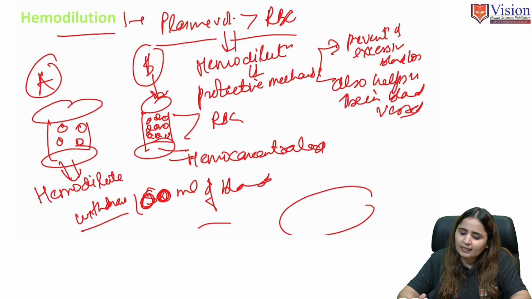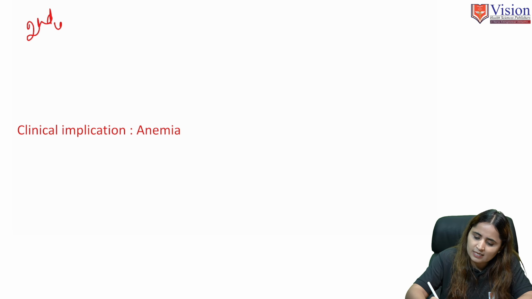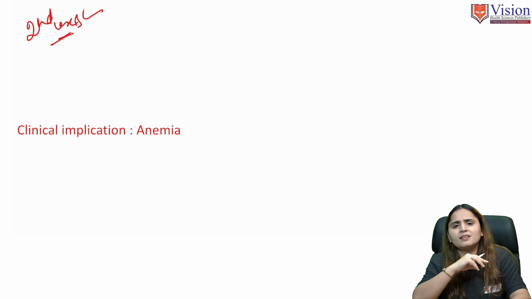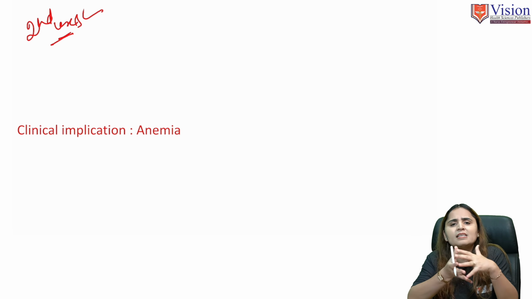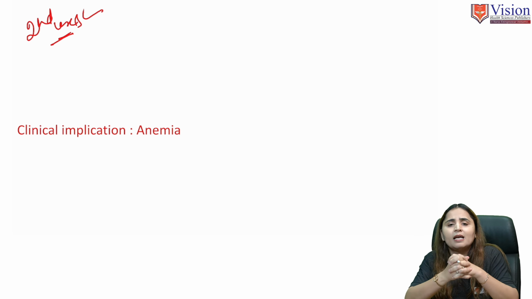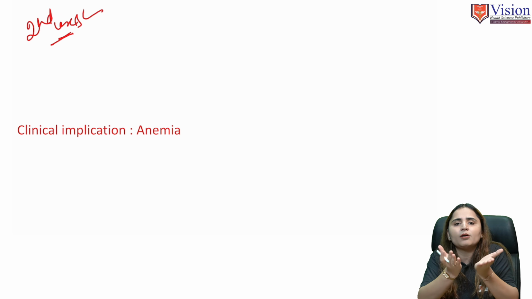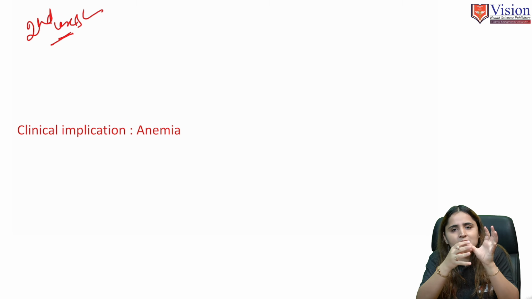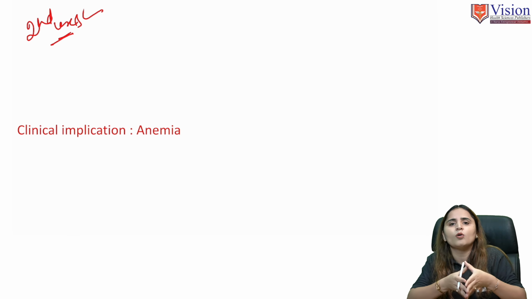And another use of hemodilution: since the very first slide of this lecture I have been talking about the increase in vascularity and increase in blood supply. If the blood is hemoconcentrated, the blood will be thick, so there will be a decrease in the blood flow.